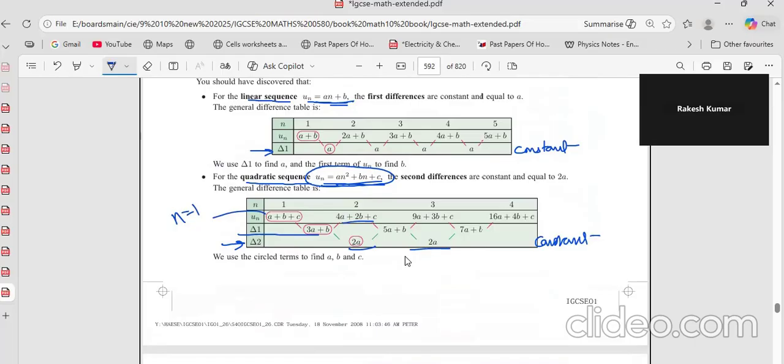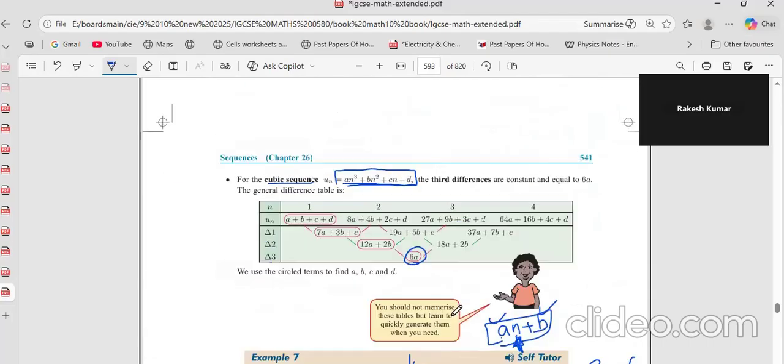If I put n as 3, I get this. I subtract, this will come. I subtract again, and I get the second difference, 2a. In our case, this was coming out to be 1. So 2a is equal to 1, so a is a half.